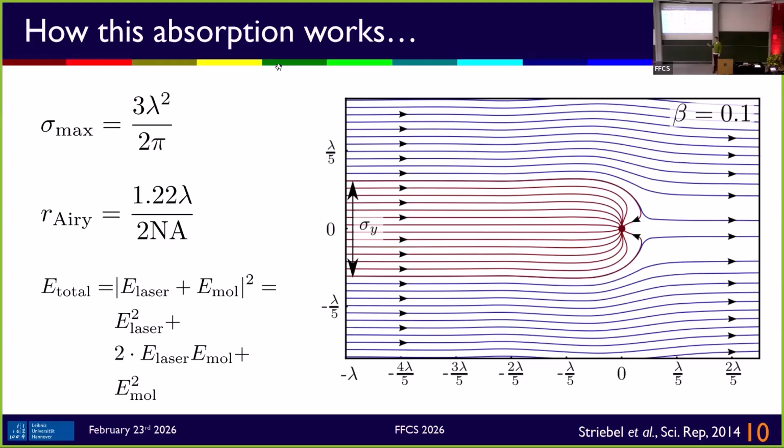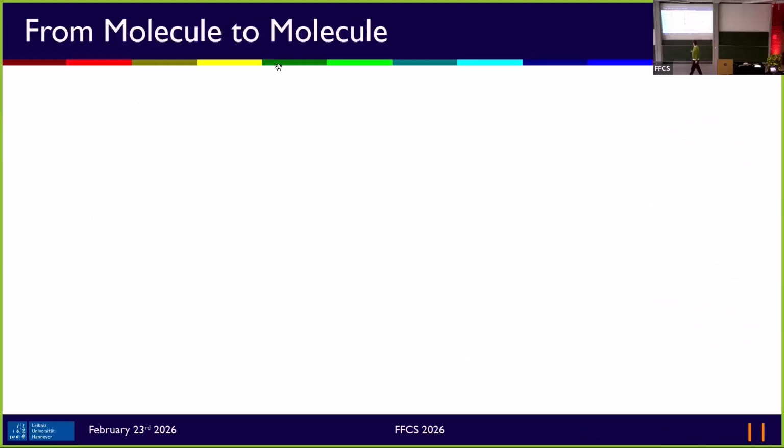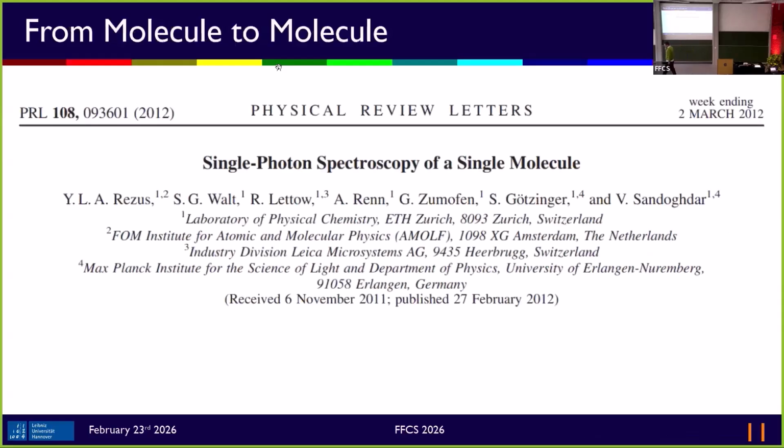We can do this experiment. I've shown you the experiment, but there's another very nice experiment from about 15 years ago. This is essentially how to send light from one molecule to another. This is an experiment from Zurich, and I really like it very much.